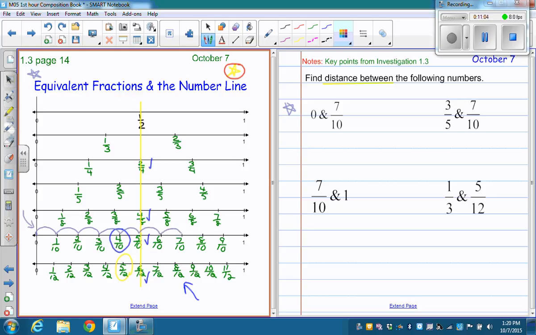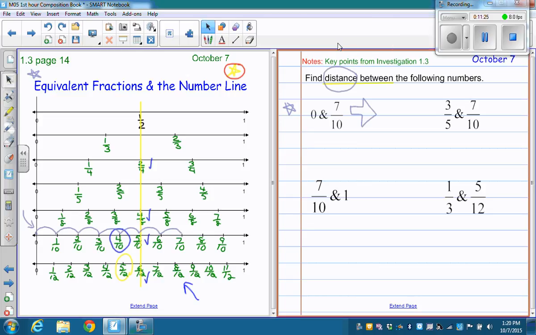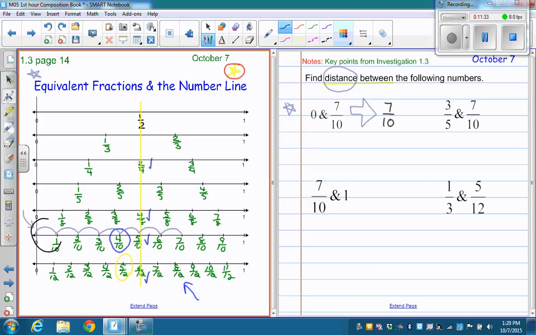So for most of you, that's a very straightforward problem. But I like to start with an easy problem to make sure we understand the meaning of the word distance. So you could just think of it as how many jumps there are between the two numbers and how big the jumps are. So in this case, there were 7 jumps, and each jump was the size of a tenth, because that's how big the first jump is.